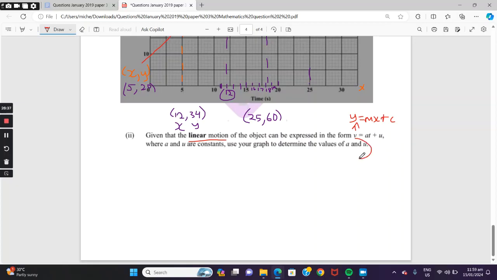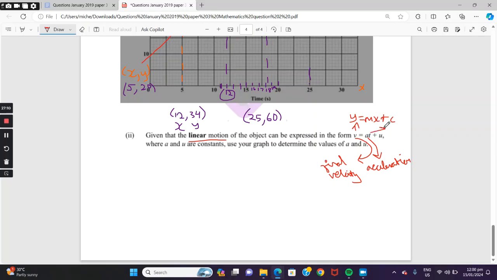Next thing is that when they use these letters, the v represents final velocity. Again, if you did speed-time graph and distance-time graph, but especially speed-time, you know velocity means the speed, right? So the final velocity. The a is for acceleration, like how fast a vehicle or a person is running, walking, how fast it keeps speeding up.